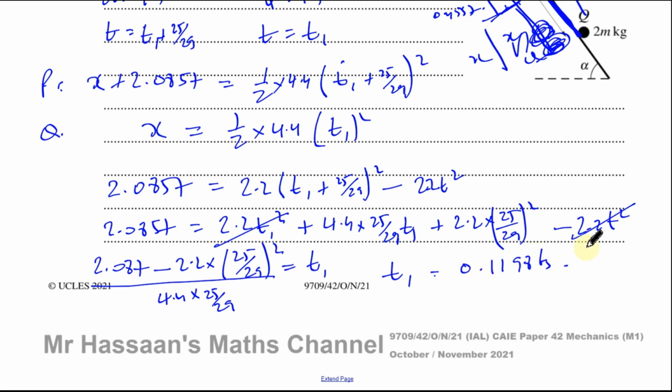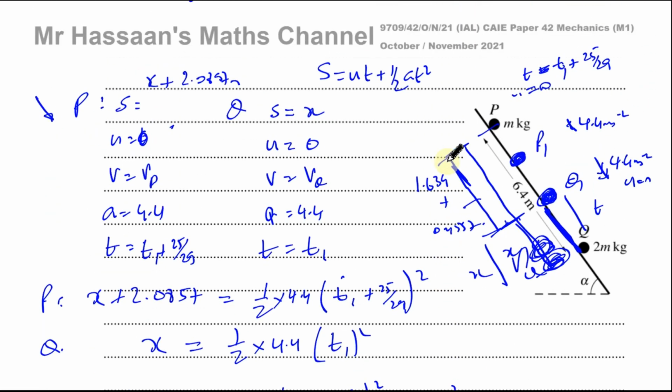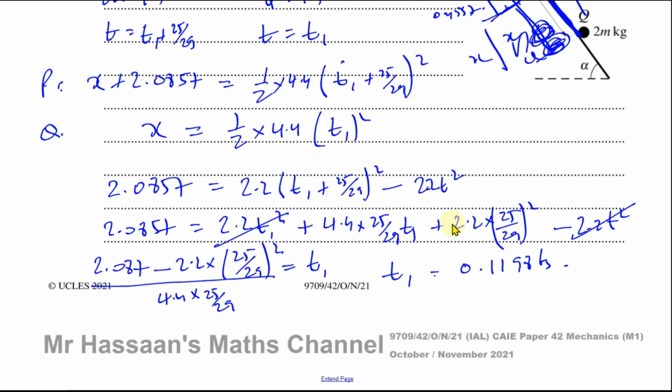0.1198 seconds. So that's T1, which is basically this time here. Okay, so we need to find the total time. So we have to add 25 over 29 to it.